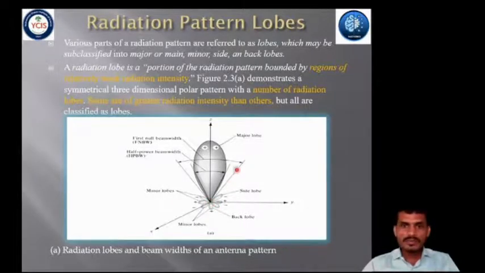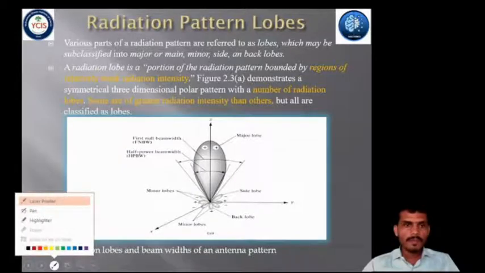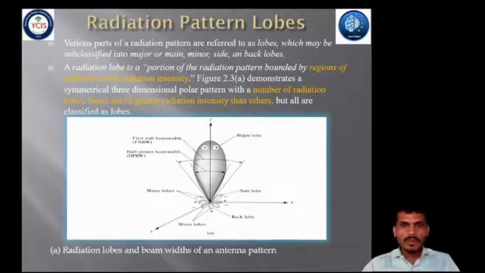This is your first null beam width of that particular major lobe, and there we cannot drop any signal which is radiated from that particular source to the destination.